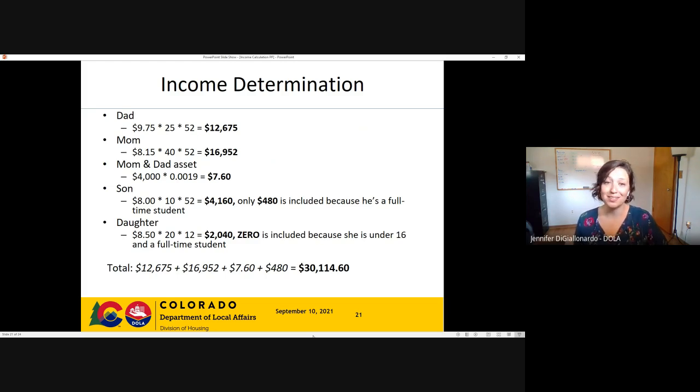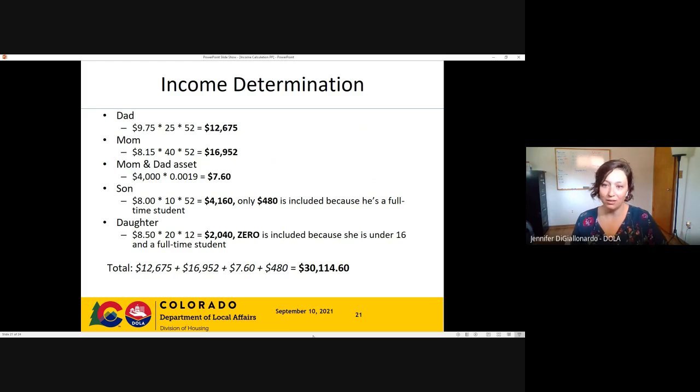As a reminder, that $6,000 that went to the car is no longer applicable because their savings account is less than $5,000. We're just going to consider the interest income from that savings account. So 4,000 times the 0.19 is $7.60.